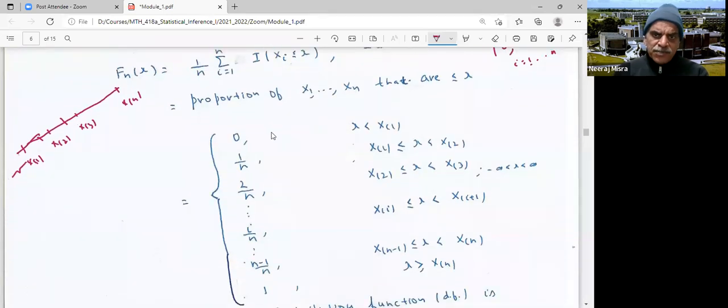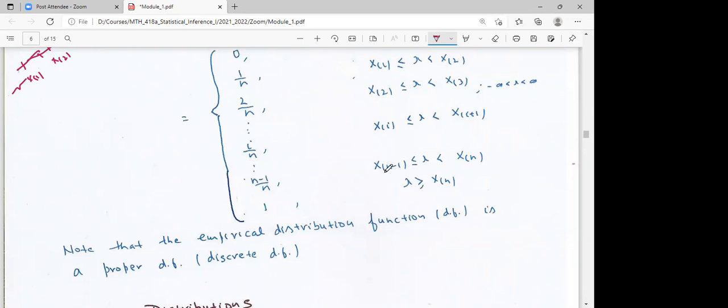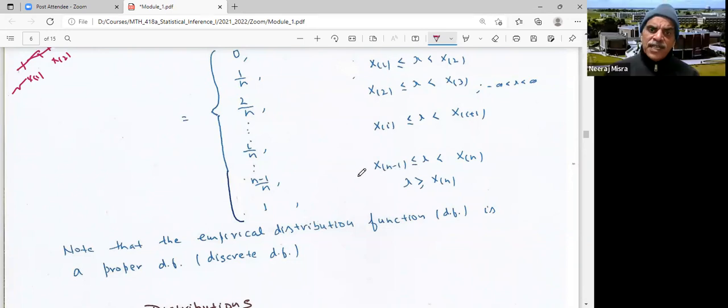And similarly, if x was between X_i and X_{i+1}, the observations less than or equal to x would be X_1 up to X_i, so the proportion would be i by n. And if x was between X_{n-1} and X_n, except X_n, all the elements would be less than or equal to x, because X_{n-1} is less than or equal to x, so X_{n-2} and X_1 would also be less than or equal to x.